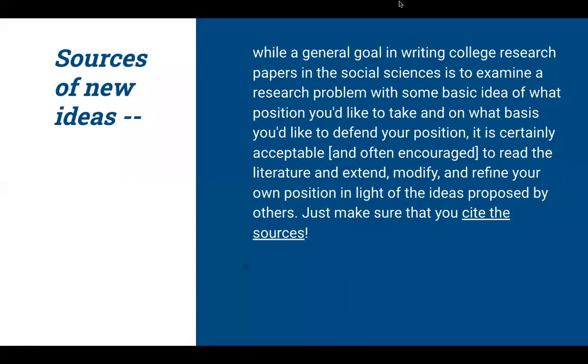Sources of new ideas. A general goal in writing college research papers in the social sciences is to examine a problem with some basic idea of what position to take. Like for example, I gave you the example of COVID-19, right? Now I realized that there were also some other symptoms, like somebody who had not had fever, who had not had sore throat, also tested positive.